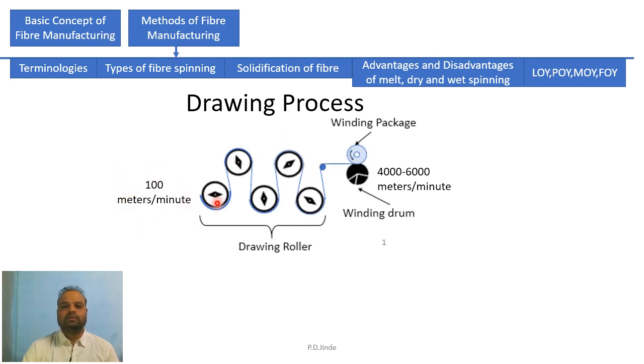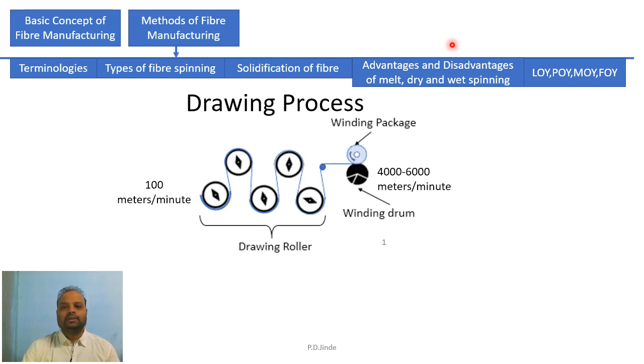This is the speed of the first drawing roller. The second roller has more speed than the first one. Similarly, the third roller has more speed than the second roller. The fourth roller is also moving faster than the third roller.